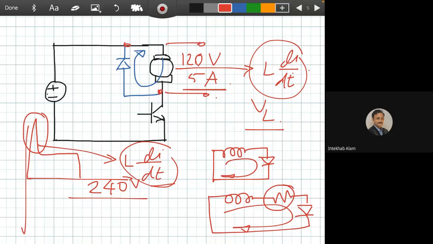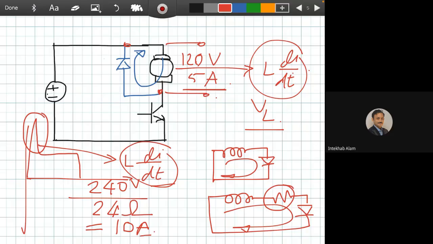If it is like 240 volts, we can think of a 240 volt short circuit, but the maximum current rating of the diode is 10 ampere. So we need at least 24 ohm resistance, so it will become 10 ampere.